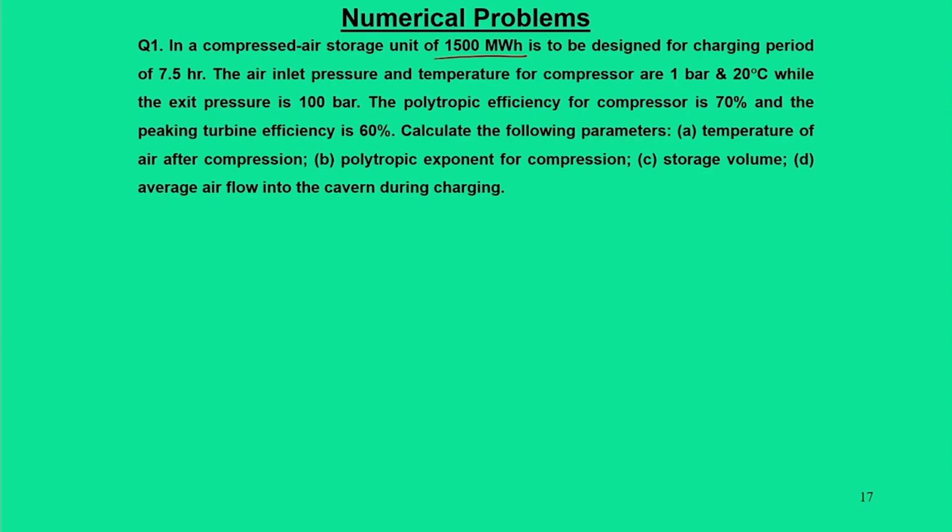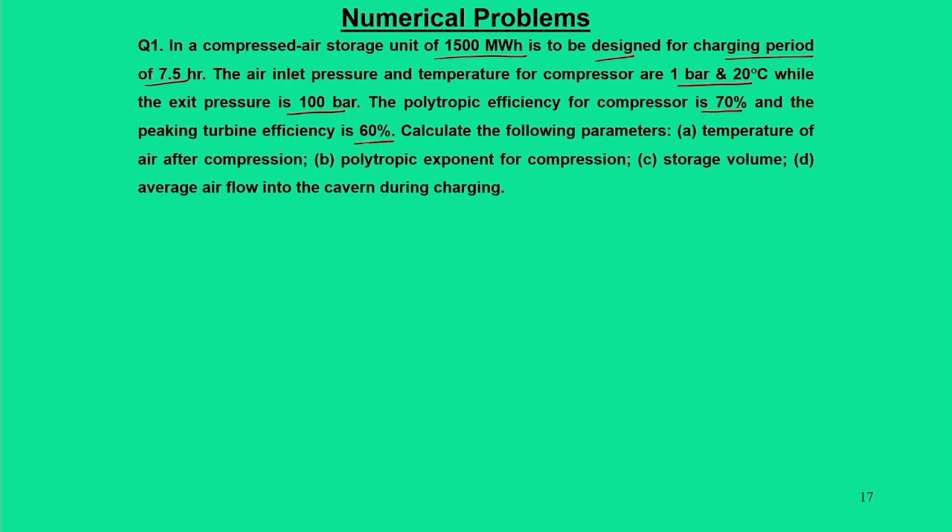So, this problem is about a compressed air storage unit which is supposed to be designed for a charging period of 7.5 hours. That means we need to charge for 7.5 hours. The initial condition of air is 1 bar, 20 degree centigrade, the exit pressure is 100 bar, and the polytropic efficiency of the compressor is 70%.